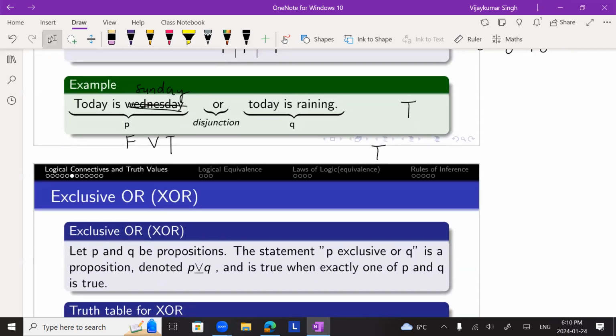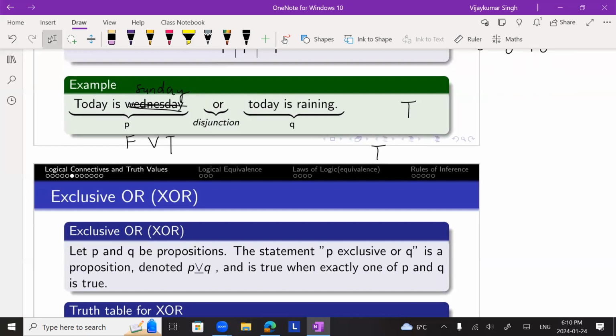Exclusive or. There is one interesting thing about a mathematical or. In mathematics, if I say I will have apple or orange, it means I can have apple or orange or both, which is different from our English. In our English setup, when we talk about or, we are actually talking about exclusive or. Exclusive or is also called XOR.